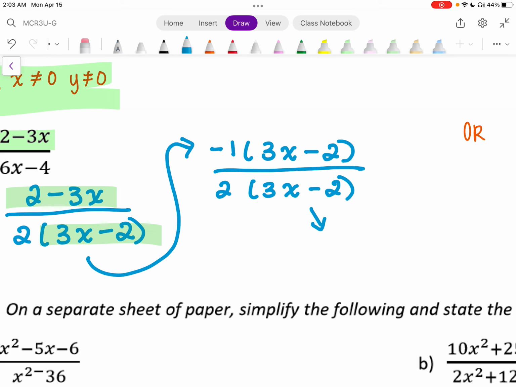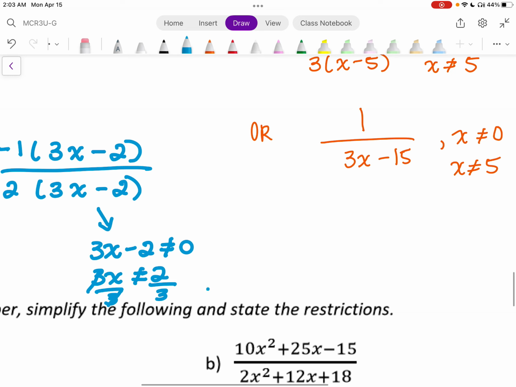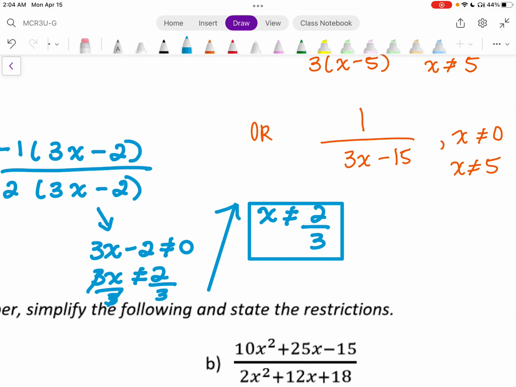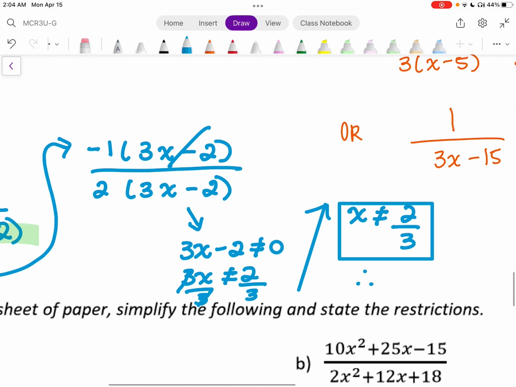So the restriction is going to be 3x minus 2 cannot equal 0. Okay, so 3x cannot equal 2, so x cannot equal 2 over 3, right? And then if we want to now make the statement, we can cancel this out.